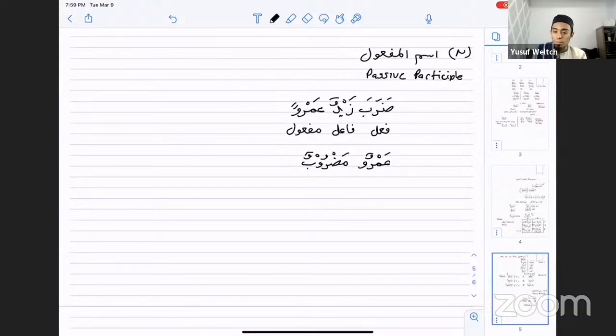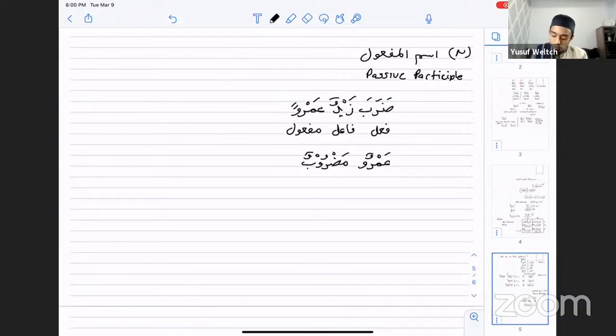Amr was hit. It's hard to say it in English without giving it one tense. So in order to really give it its right, you have to elaborate: Amr is the one who got hit, essentially.